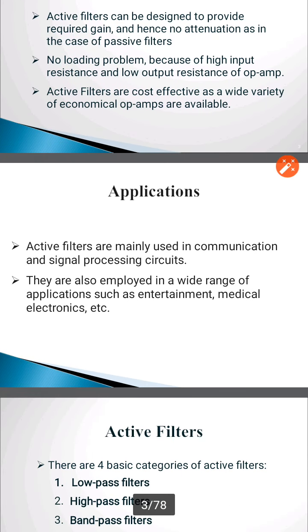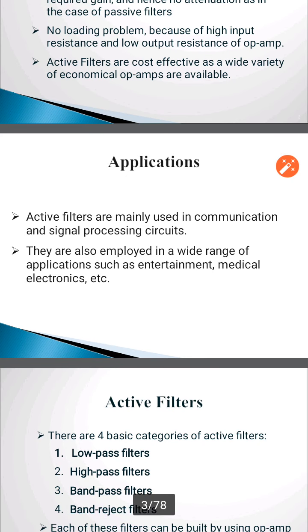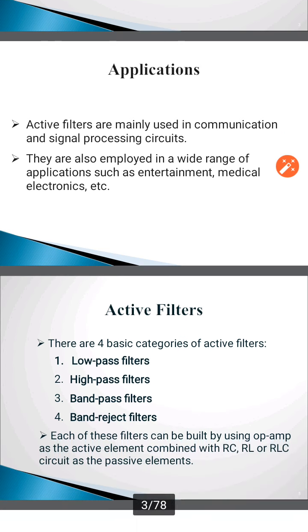Active filters are mainly used in communication systems. If I talk about a simple FM radio example, it consists of different frequencies, and these different frequencies can be selected with such active filters. They are used in many medical equipments, entertainment equipment and so on.